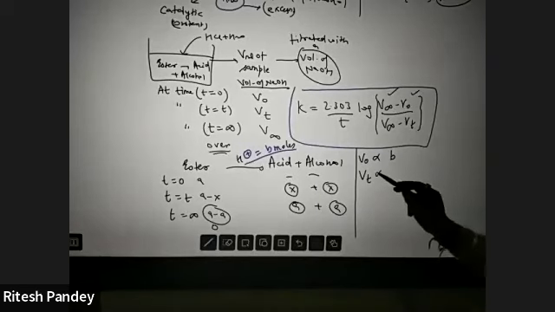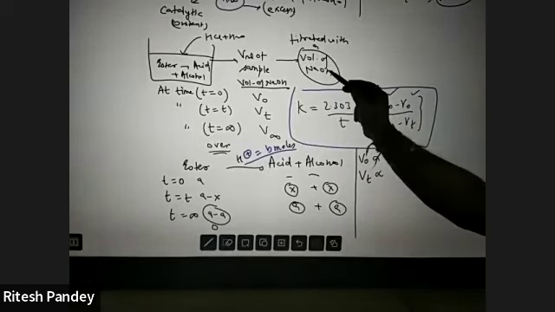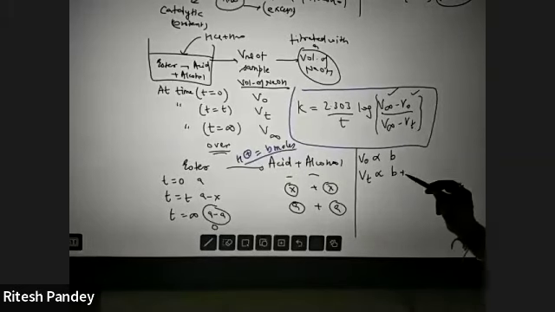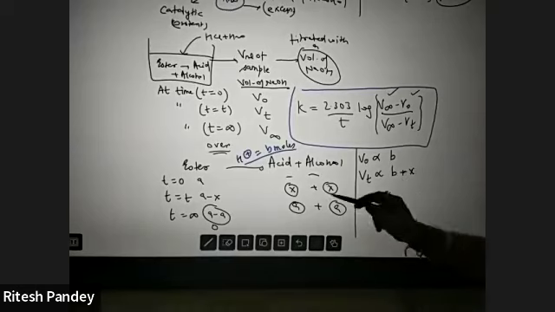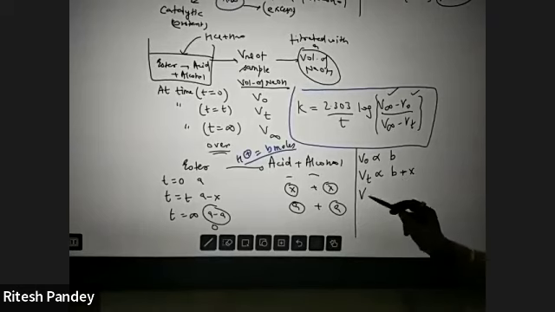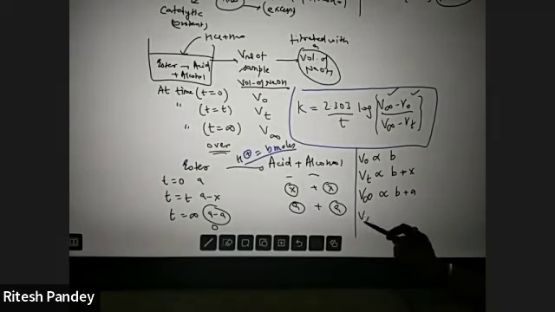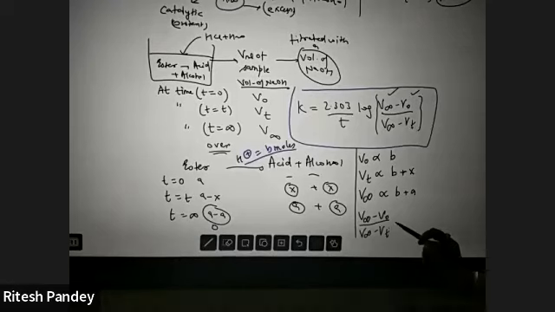Vt at any instant of time, which is the volume of alkali required at different time intervals, will be proportional to B plus X, क्योंकि एसिड यहाँ पर X बन गया है. And allow me to write V infinity being proportional to B plus A. All we have to now prove is V infinity minus V naught upon V infinity minus Vt is A upon A minus X. Yes, I can do that.